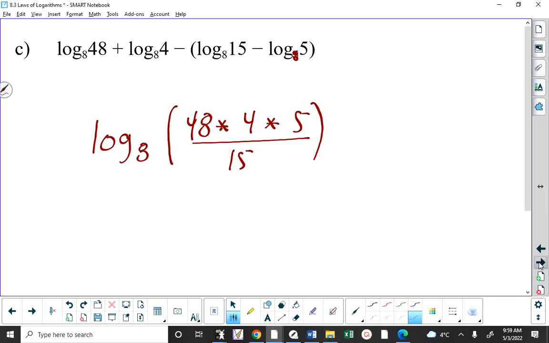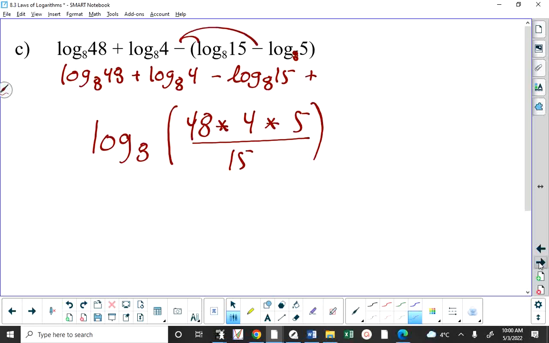If you don't use that shortcut that I told you about, negative logarithms have arguments that are on the bottom, positive have ones that are on the top. You can make this very confusing, but when I get rid of these brackets, this is log base 8 of 48 plus log base 8 of 4 minus log base 8 of 15 plus, because I'm subtracting both of those, plus log base 8 of 5.